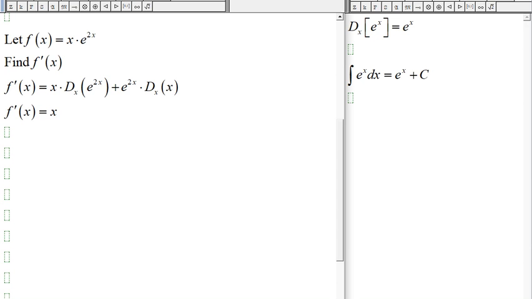So here we have x times the derivative of e to the 2x. We have to use the chain rule over here.